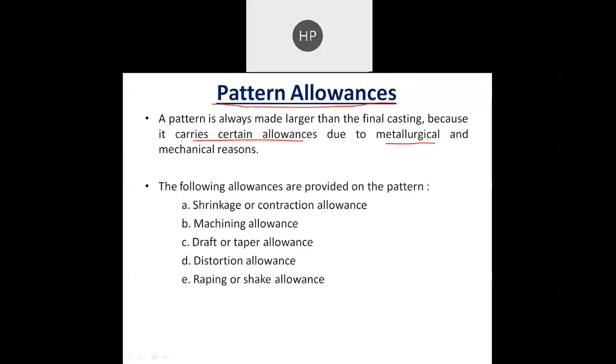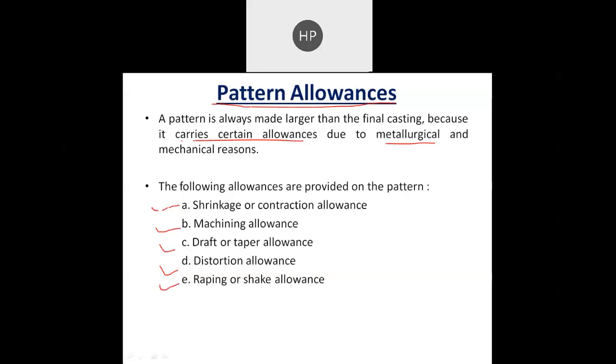So these are the 5 allowances borne by the pattern. First is the shrinkage or contraction allowance. Second is the machining allowance. Third, draft or taper allowance. Fourth, distortion allowance. And finally, warping or shake allowance.